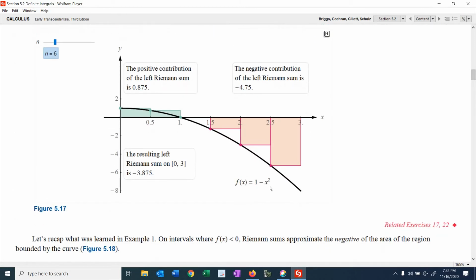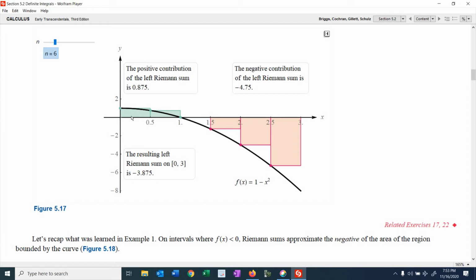Now, the graph of 1 minus x squared looks like this, and here are our 6 subintervals. Now we're going to create a left Riemann sum. When you create a left Riemann sum, you pick the left endpoint in the subinterval to determine the height of the rectangle on that subinterval.